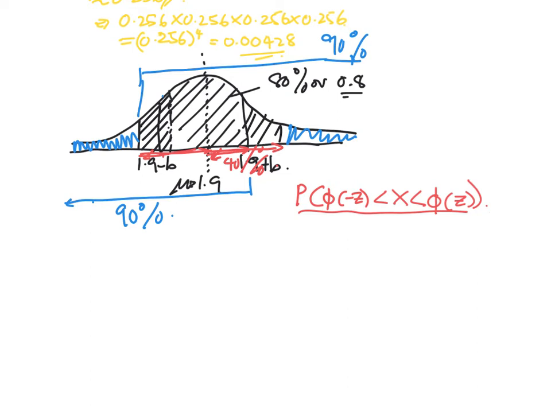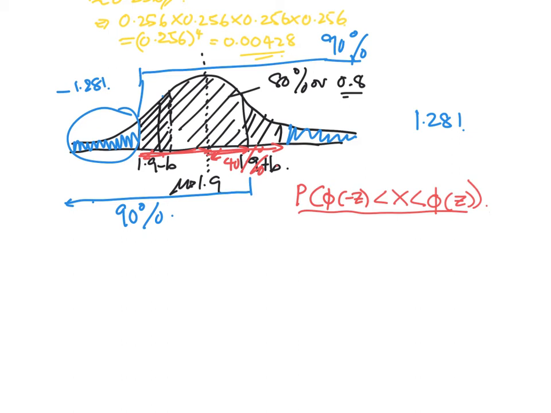The z-score for 90% is 1.281. If it's on the right or on the left, it doesn't matter. On the right it is positive 1.281, and if it's just the left part, the blue color region, it is negative 1.281.